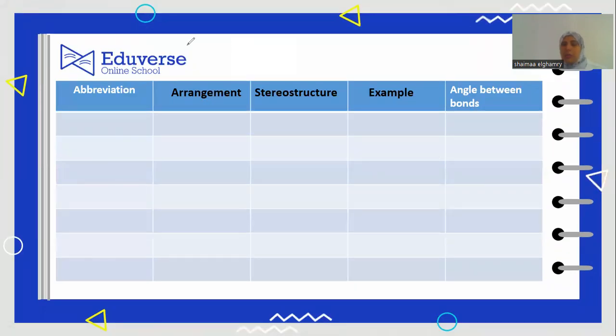I'm going to use the abbreviation, and then we will say the stereostructure and the arrangement and an example and the angle between the bonds.